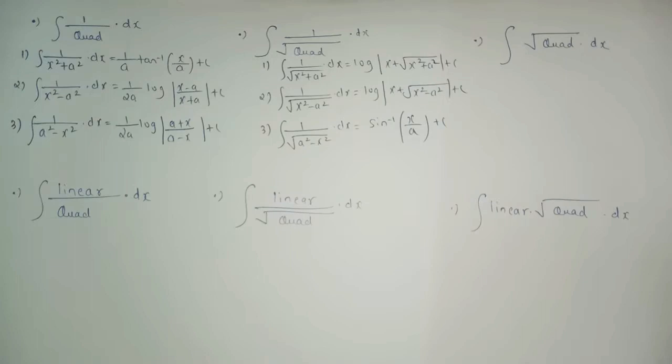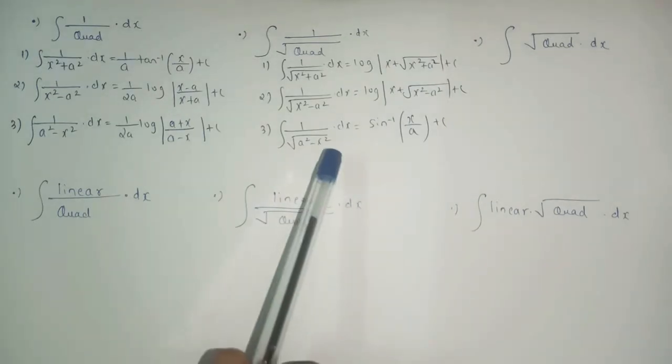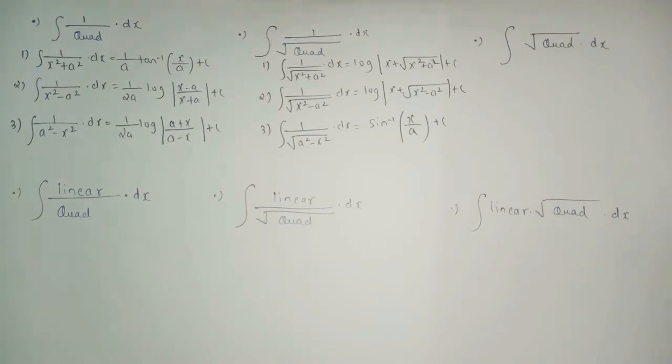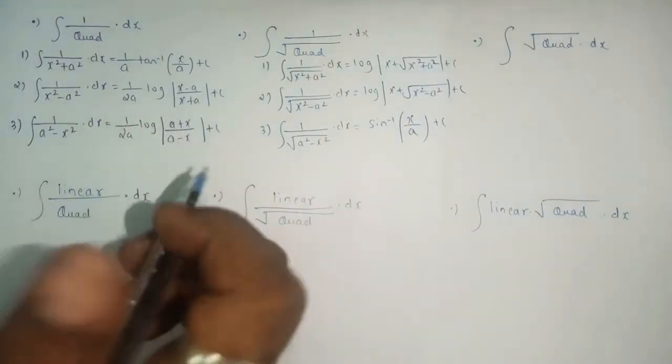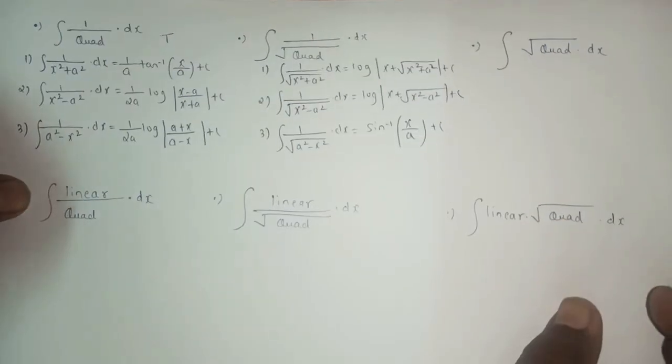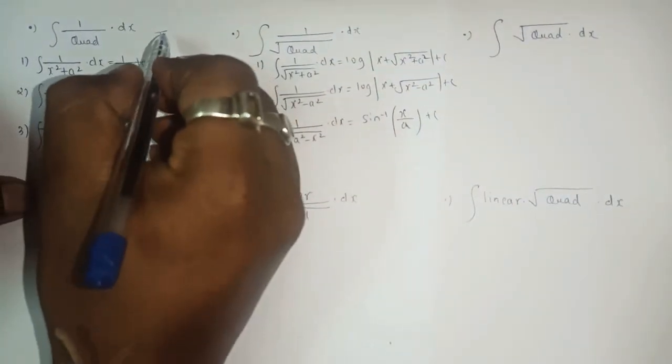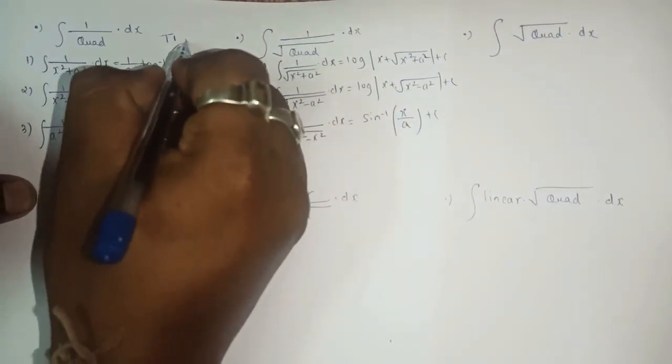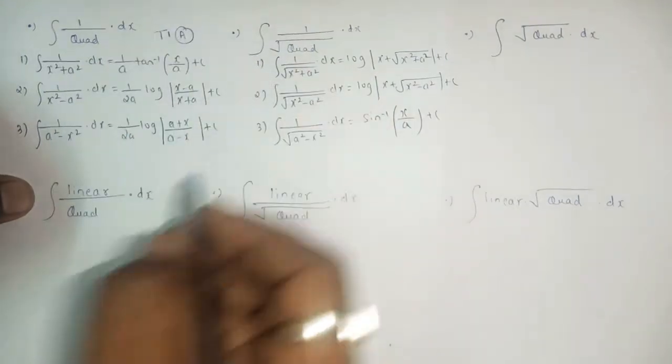As till the last lecture, we had completed till the type number 2b. I hope you all might be knowing. I told you to consider this one as type number 1a, yes or no?